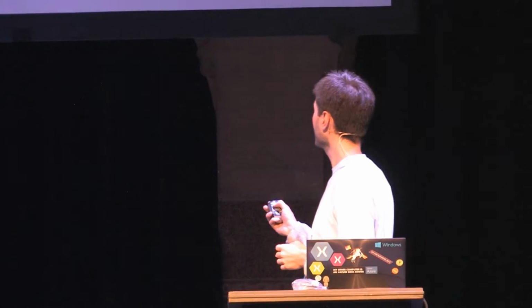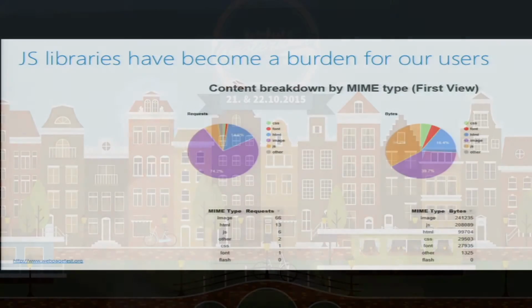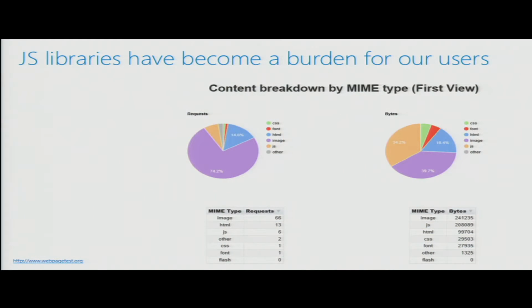The biggest load is actually the images, and the second biggest load is the JavaScript. And the distance between the JavaScript on the website and the images isn't as big as we all might have expected. So this is something we need to look at and consider when we build our website and start adding new JavaScript libraries every few months.